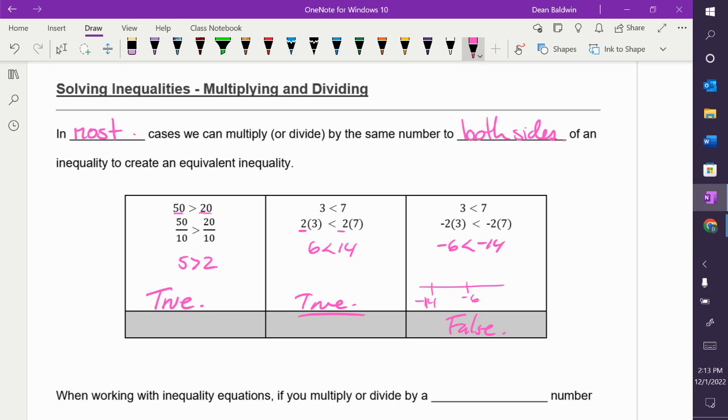When we multiply through by a negative, or divide by a negative, you have to flip the inequality. So to make this true, when you divide by a negative, we get -6 is greater than -14. This is the true statement.